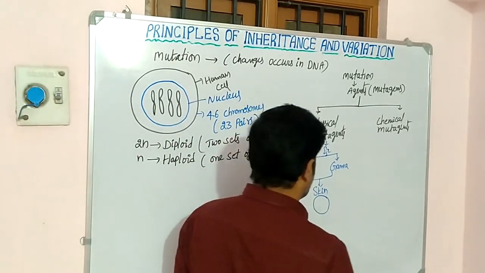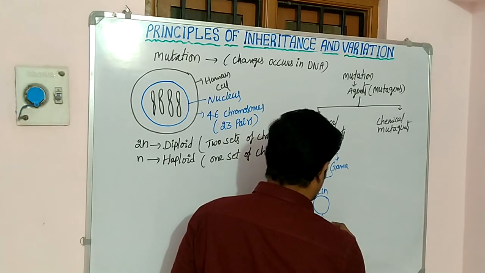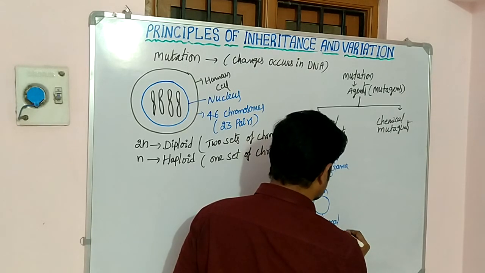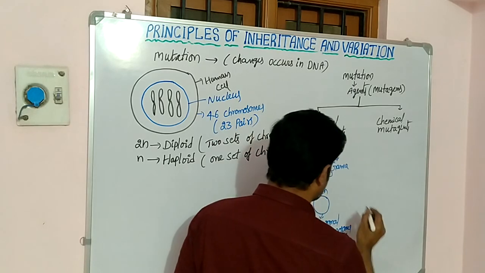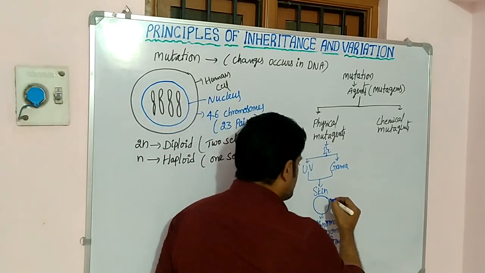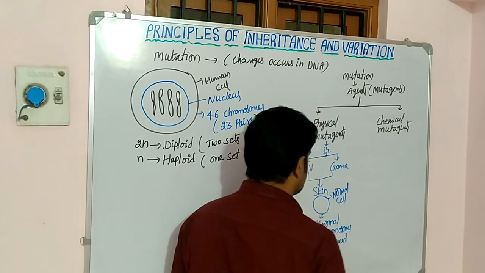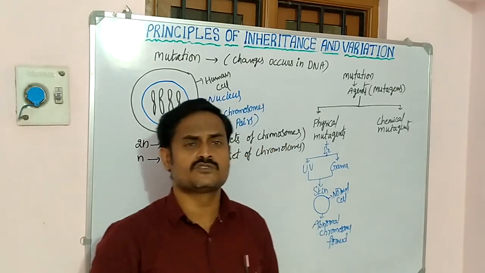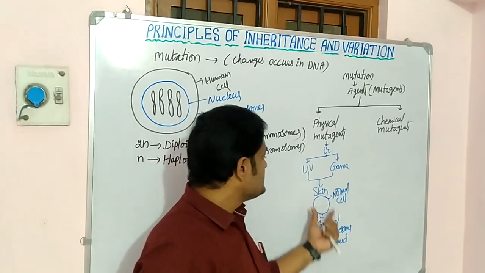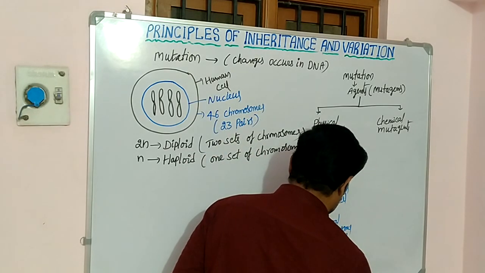That means abnormal chromosomes are formed. First this is a normal cell. See here, the normal cell is converted into an abnormal chromosomal cell. This condition causes cancer, skin cancer.